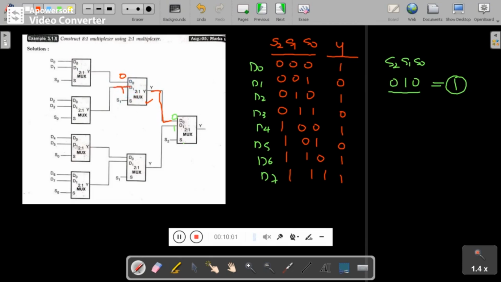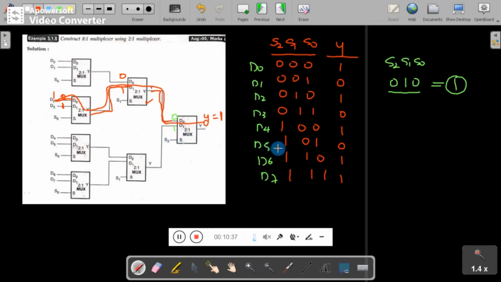S1 is 1 means this IC will work. And in this IC, when S0 is 0 means the D2 line will work, and whatever input is present on the D2 line, that is 1, is moved to the output. That means you will get y equal to 1.